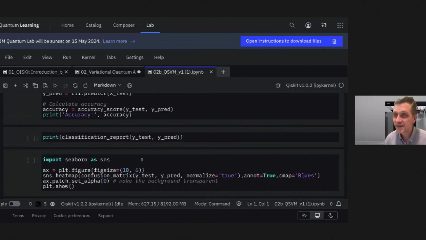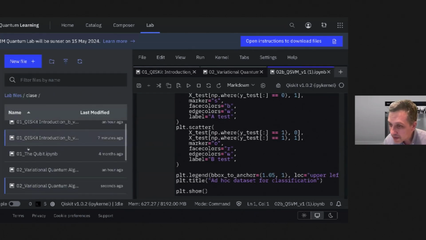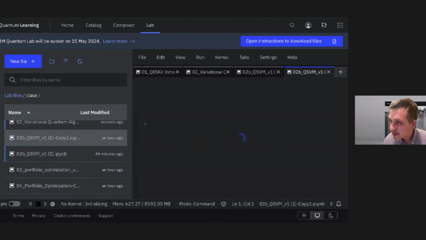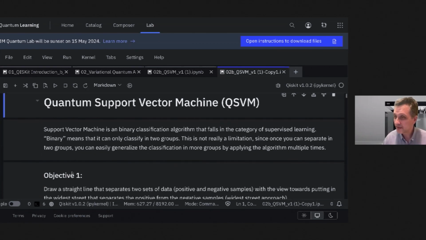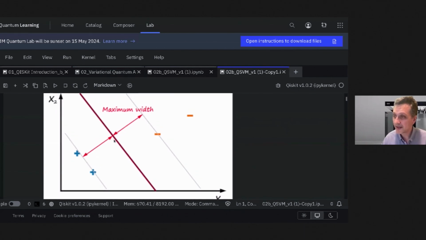Also, I think we are running out of time, so I think I can only show you the results of this. As we have a high dimensional space, you know that we can create support vector machines in classical machine learning that are trying to find a separation from one class to another class.